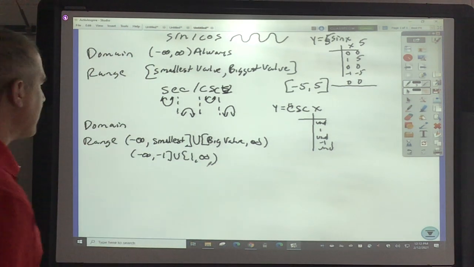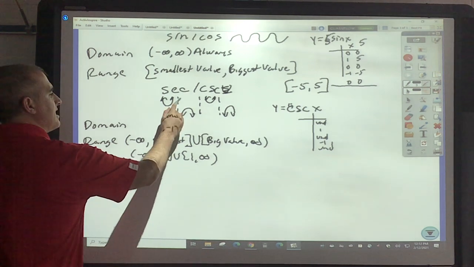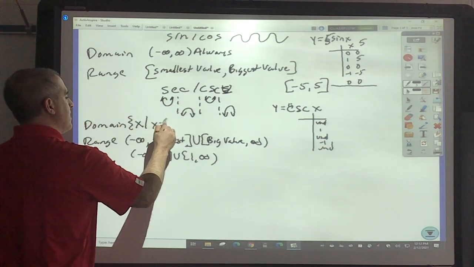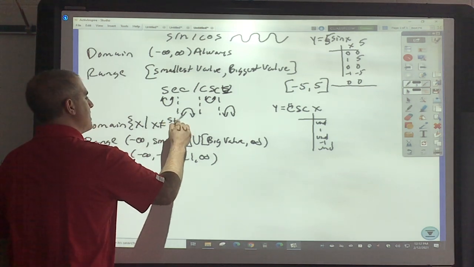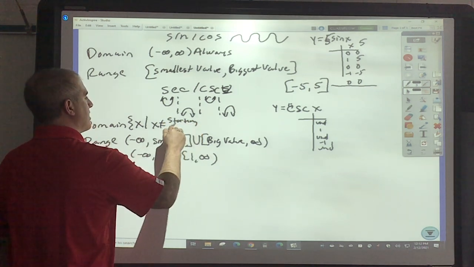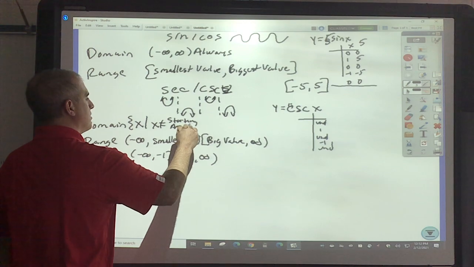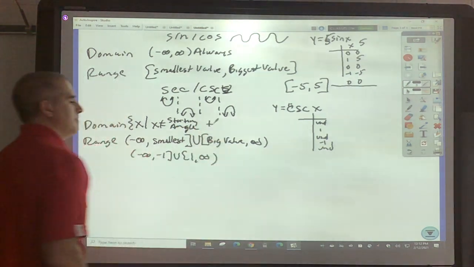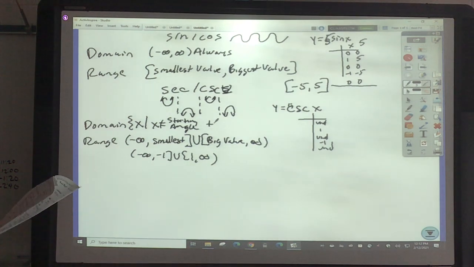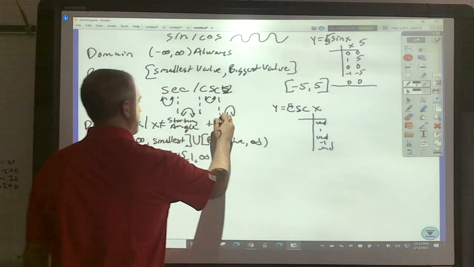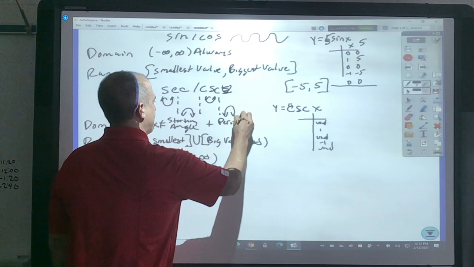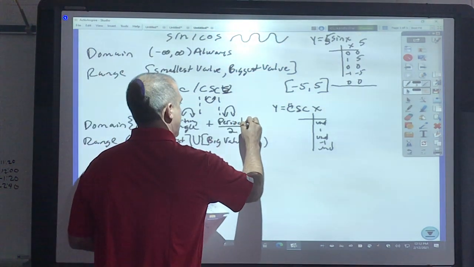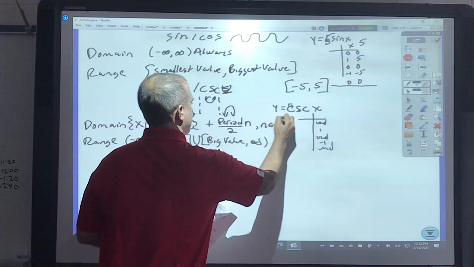The domain is where you have to look at the asymptotes. So x such that x can't be your starting angle, because that will be an asymptote, plus the period of whatever the function is divided by 2 times n, where n is an element of integers.